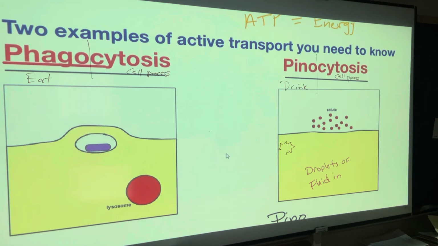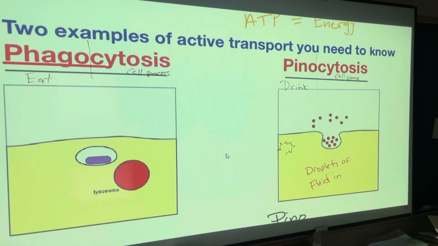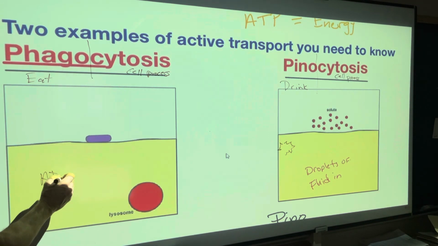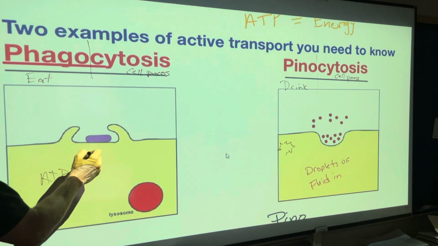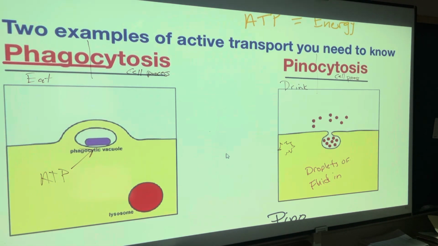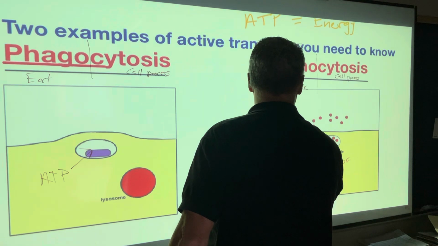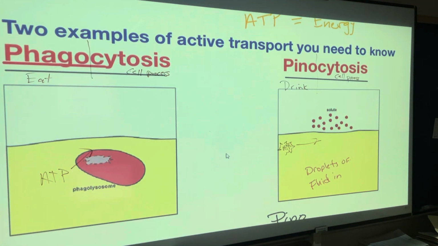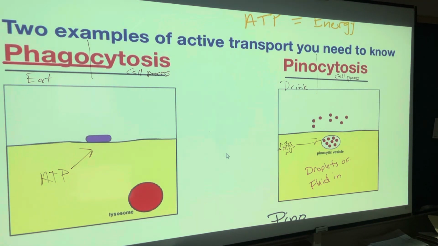That's the difference between phagocytosis and pinocytosis. But these two are requiring ATP. So ATP is being shot in to help that happen. We're always using energy. This is one of the ways. Okay.